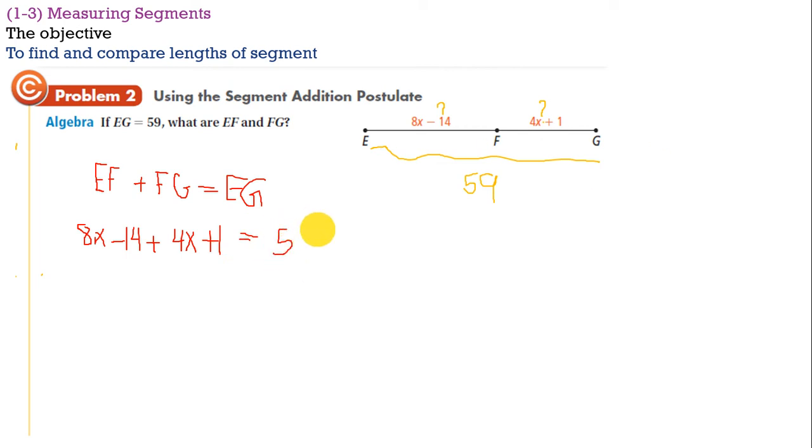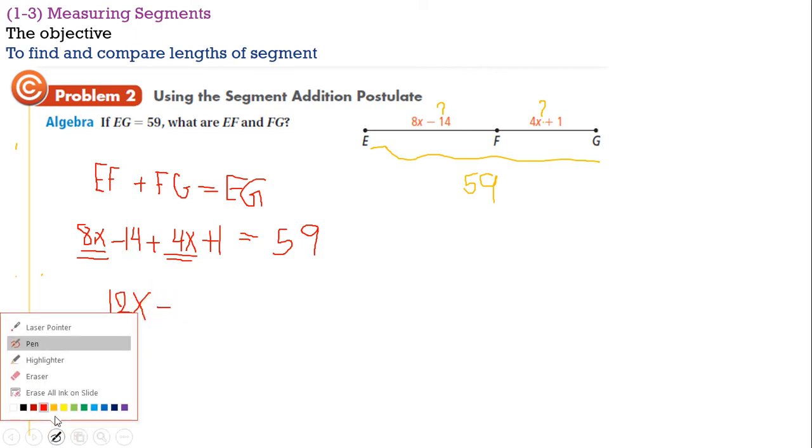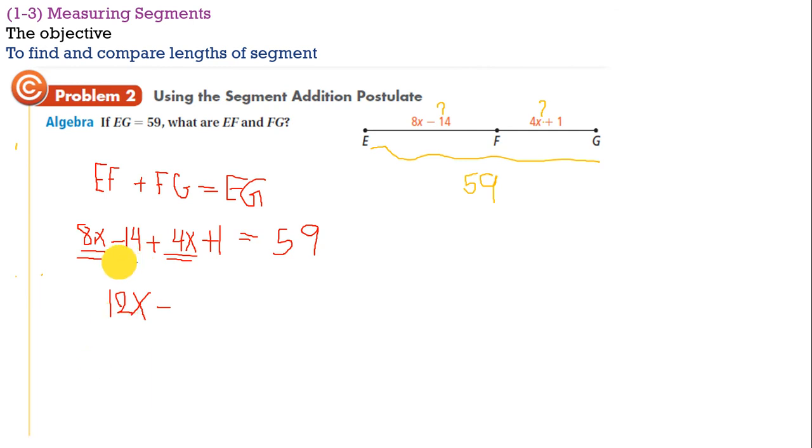Now, you need to solve it just as a regular equation, as you did in algebra 1. So 8x and 4x are like terms. 8 and 4 gives 12x. Now, negative 14 and 1 gives minus 13, which equals 59.